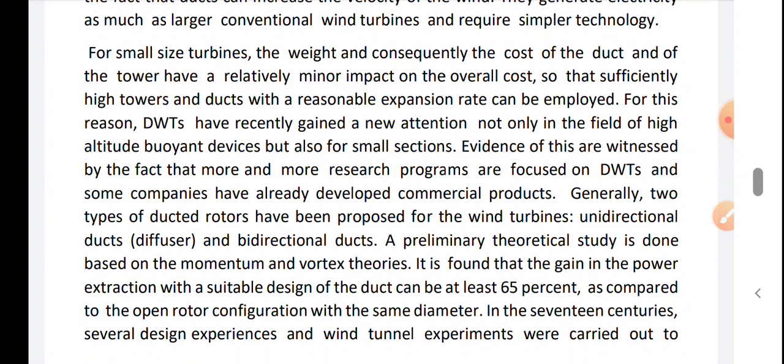For this reason, ducted wind turbines, which are also popularly known as DWTs, have recently gained very much attention, not only in the field of high altitude buoyant devices, but also for small sections where small power generation is to be done.